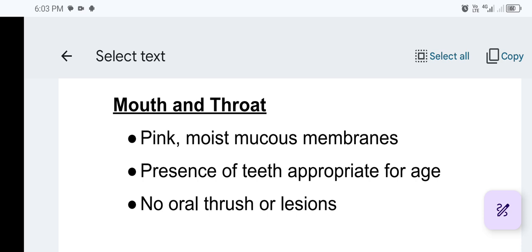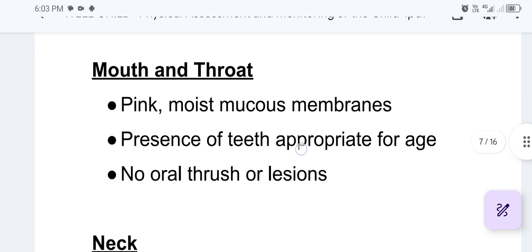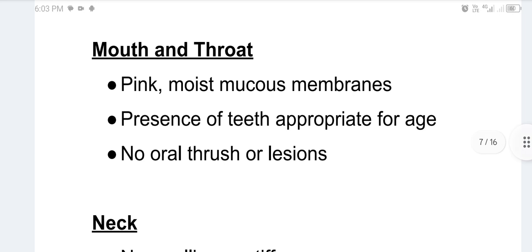You can't have a 6 month old child with all the teeth in the mouth. No oral thrush or lesions. Oral thrush can indicate some kind of infection, maybe candida. So there should be no oral thrush.